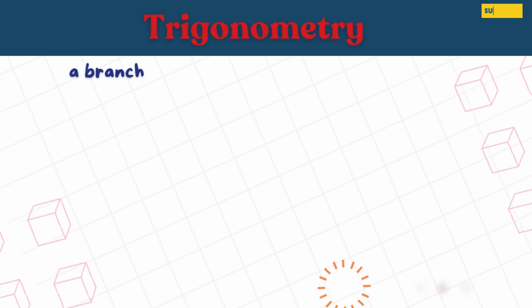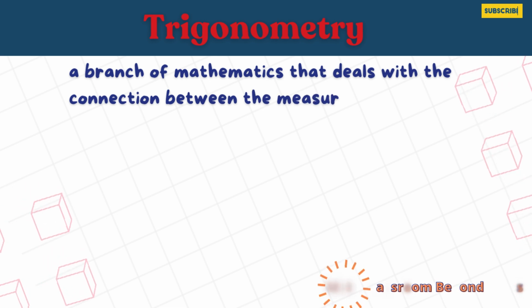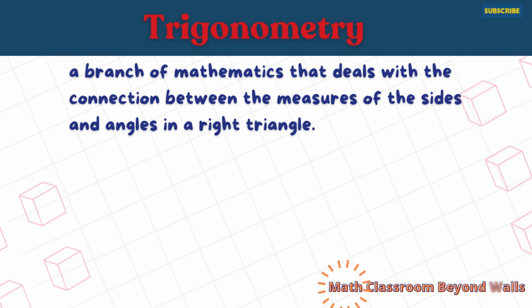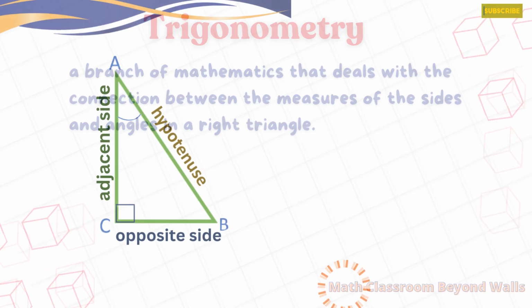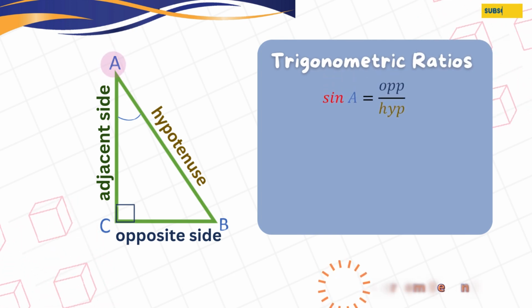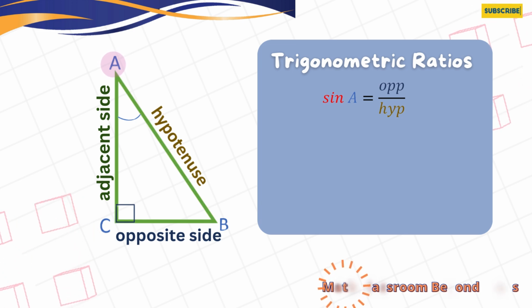Recall that trigonometry is a branch of mathematics that deals with the connections between the measures of the sides and the angles in a right triangle. These connections are expressed in the following trigonometric ratios. Sine A is equal to opposite side over the hypotenuse.